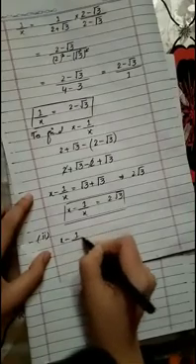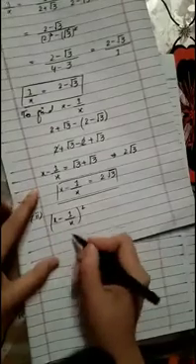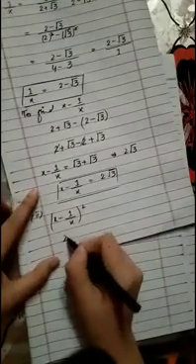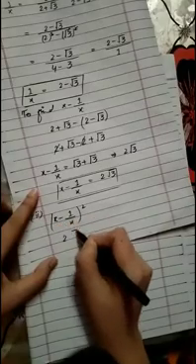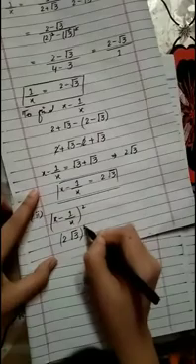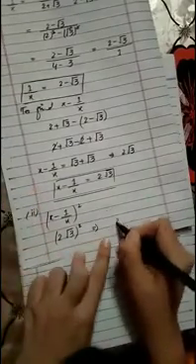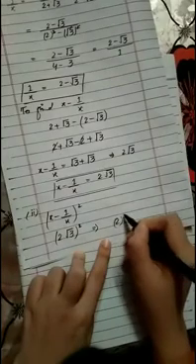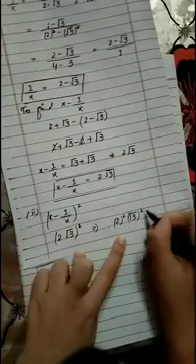x minus 1 by x whole square, as we have found its value. What is the value? x minus 1 by x is 2 times square root 3. We will take its square, that will be 2 squared into square root 3 squared.